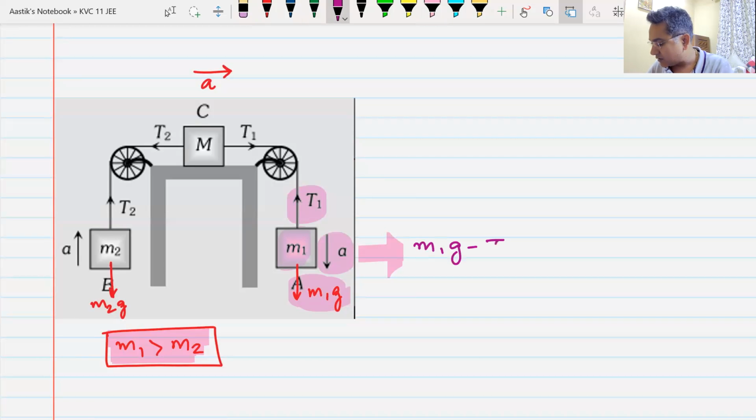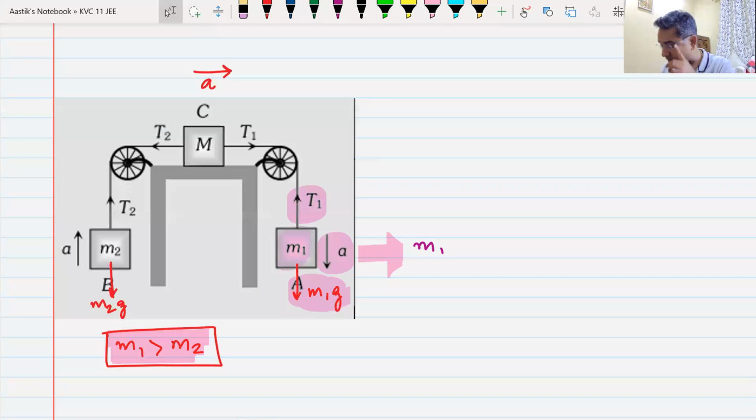So how does the pink equation look like?